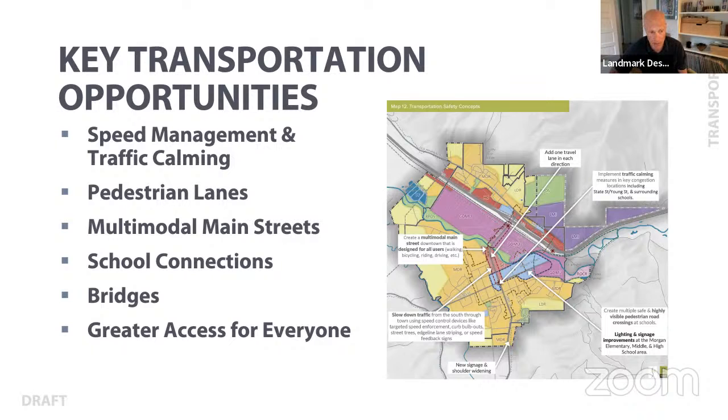So we're not suggesting a lot of them, but there's probably a need for a couple more through the community in order to get some of that additional movement of traffic in the future as the community is growing. And then just top that off with better access everywhere and for everyone.